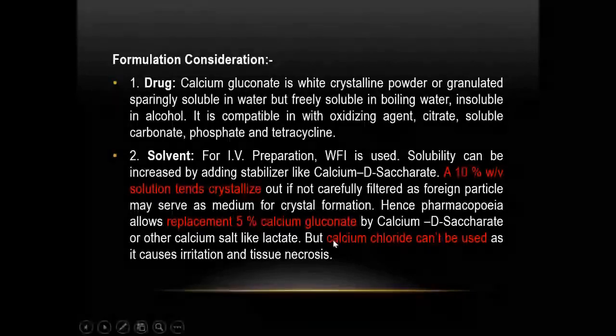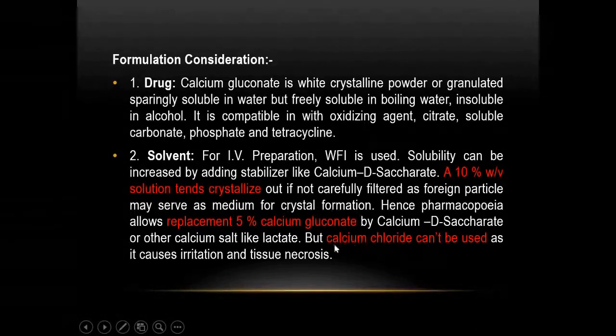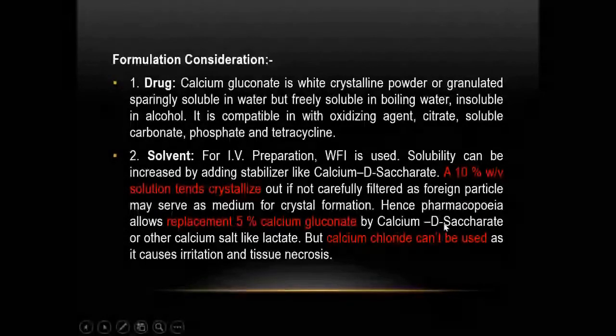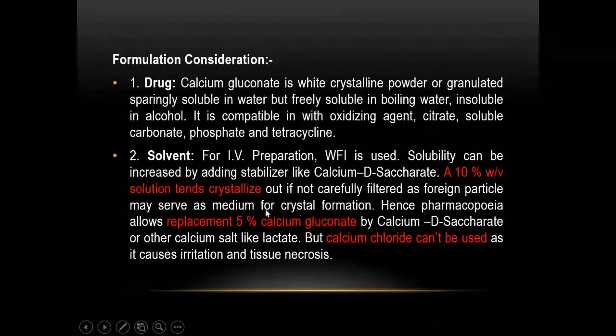This is a very important instruction, a very favorite question of any examiner. Why replace 5% of calcium gluconate? Why not use calcium chloride instead of calcium disaccharide? Always remember that 5% calcium gluconate is replaced by calcium disaccharide, but not by calcium chloride, because calcium chloride can cause irritation and tissue necrosis at the site of injection.